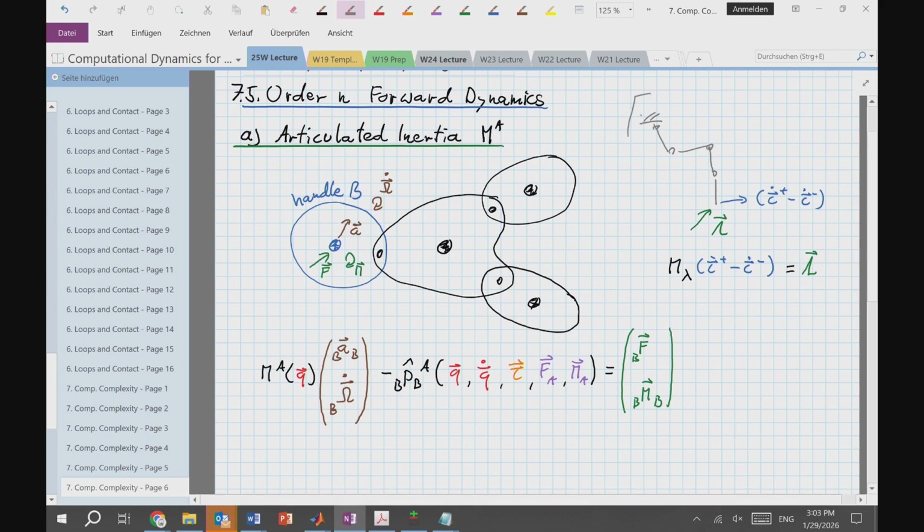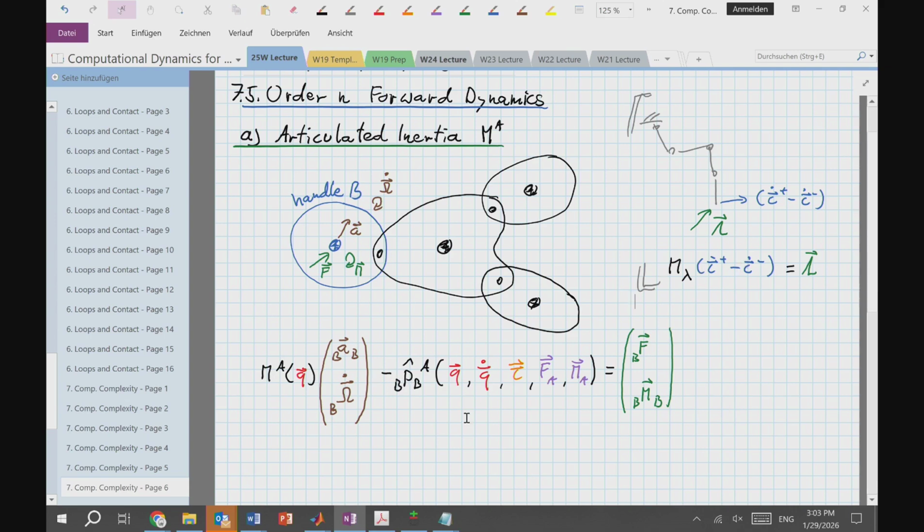Now, the big thing that we cannot do is compute this mass matrix m lambda, which corresponds to this articulated inertia ma, the way we did it in the previous chapters, because to compute m lambda, we first computed M, which is an order n to the 3 operation, and then pre-multiplied and post-multiplied with Jacobians, which is another order n square operation. So we need a different way to get in here.